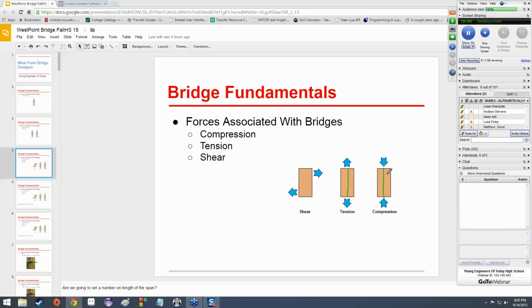So it's trying to compress the material into a smaller shape, or stretch it out into a longer shape. With shear, you've still got the same center through the object. However, the forces are acting upon the object while the center of the object doesn't move.